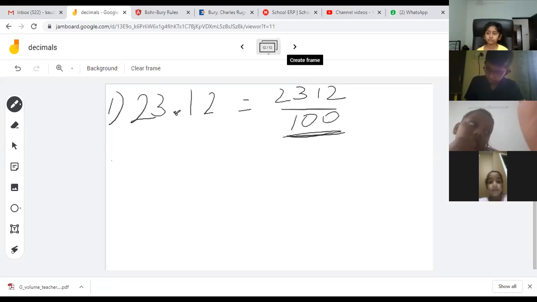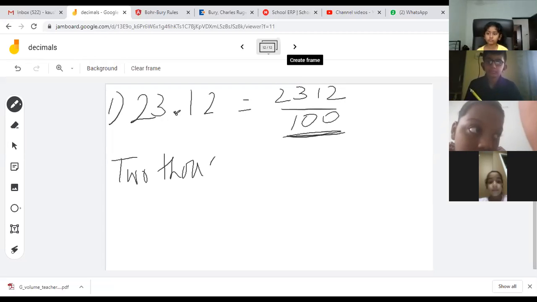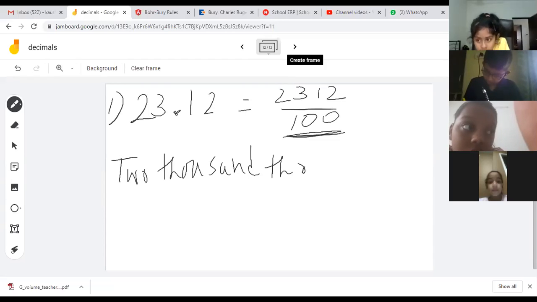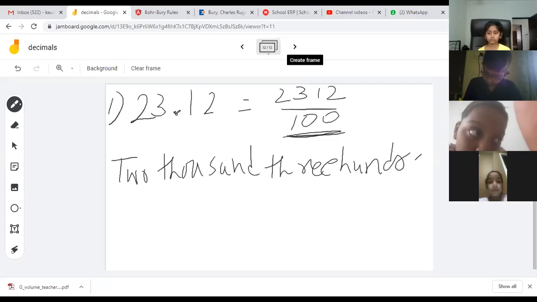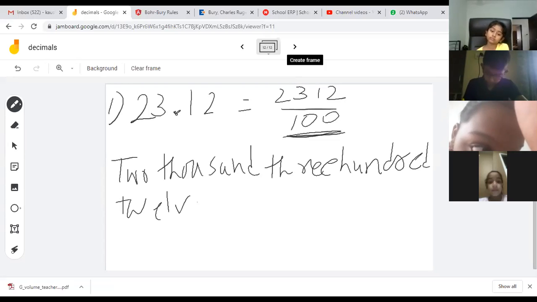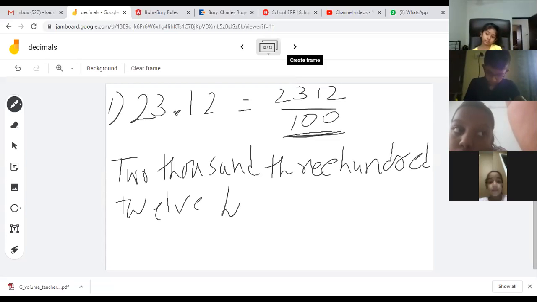We can write 2,312 and then hundredth. That is how we used to write hundredth.